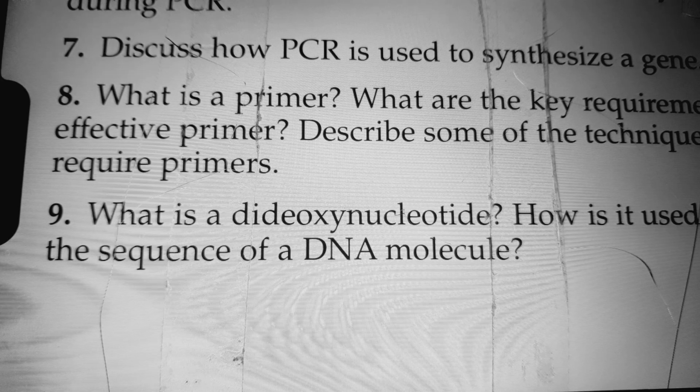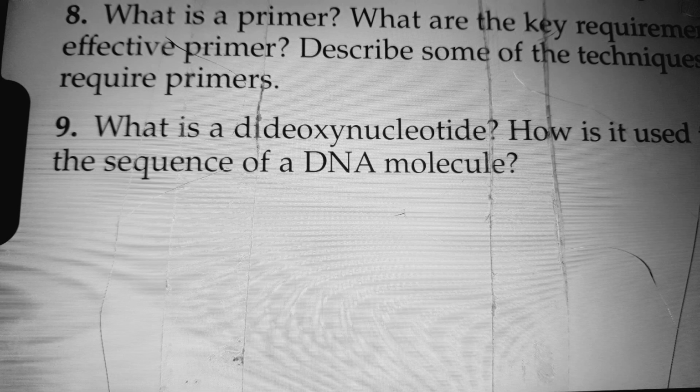Describe some of the techniques that require primers. What is a dideoxynucleotide? How is it used to determine the sequence of a DNA molecule?